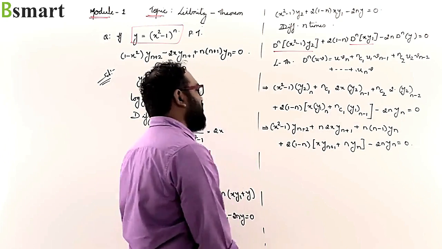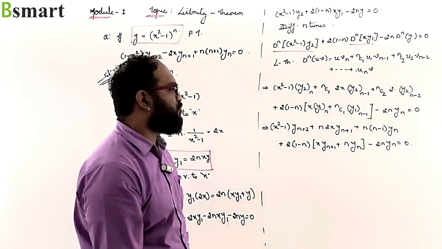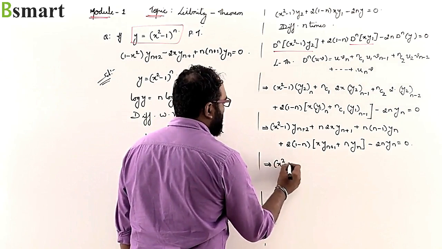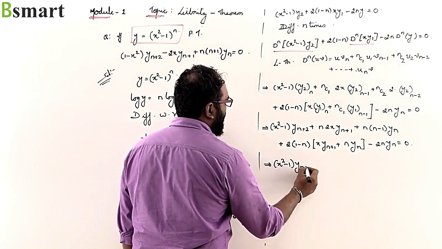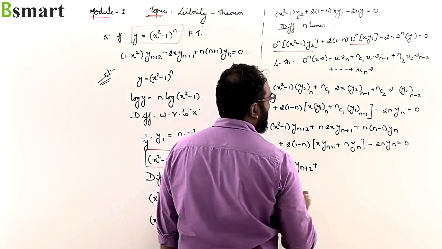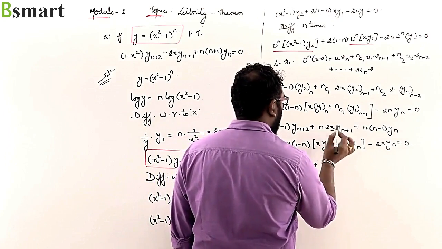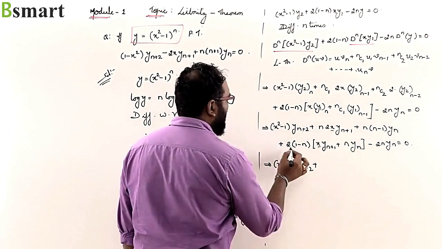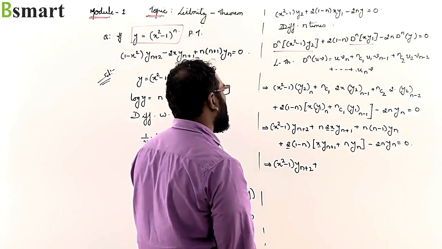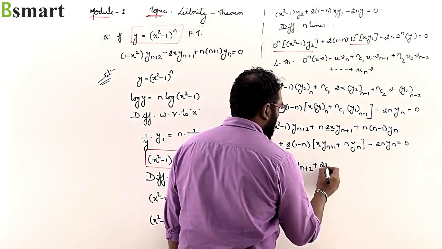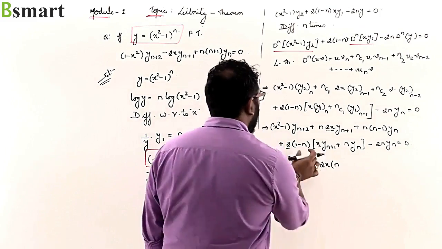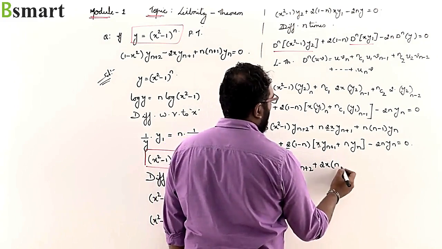Now rearrange the terms: y(n+2), y(n+1) and yn terms. So that will be (x square minus 1) into y(n+2) plus, if we take from these two, we can take out x common and again 2 common. If we are taking x and 2 common, then what we are getting is 2x, and here n will be left out, and here 1 minus n will be left out.